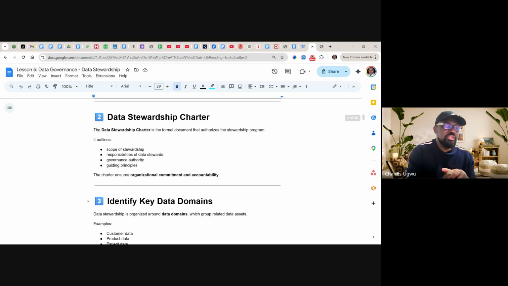So it outlines the scope of stewardship, responsibilities of data stewards, governance authority, and guiding principles. This is what it is going to list. So the charter ensures organizational commitment and accountability.